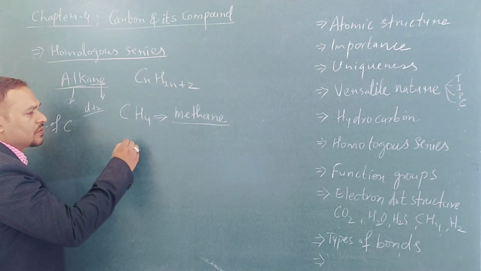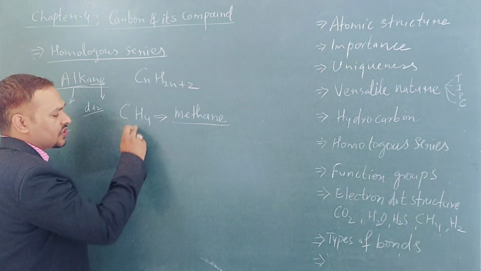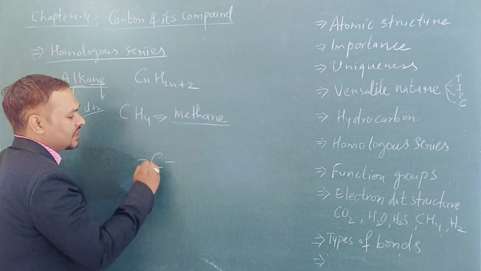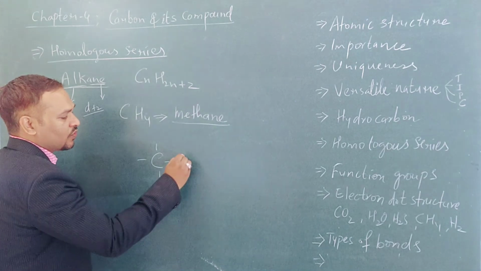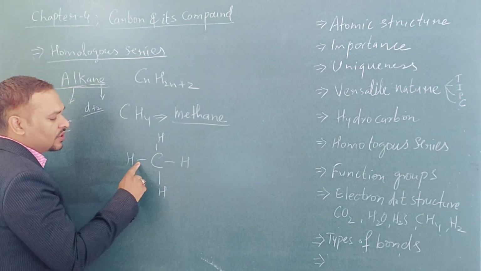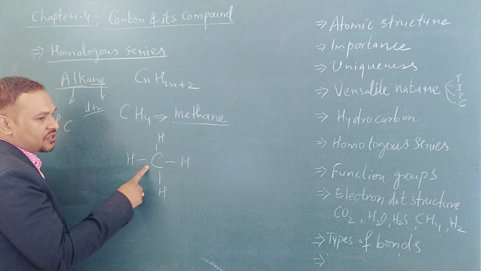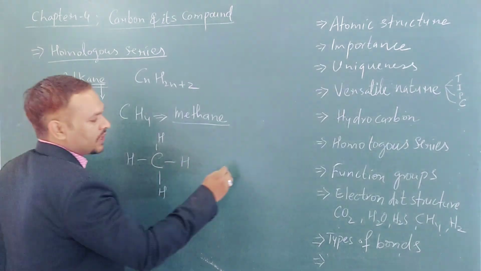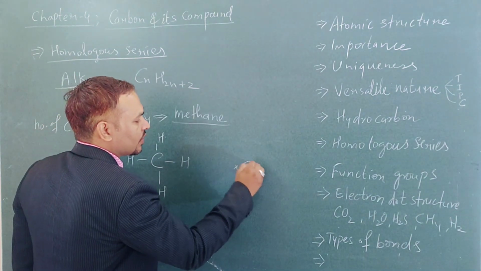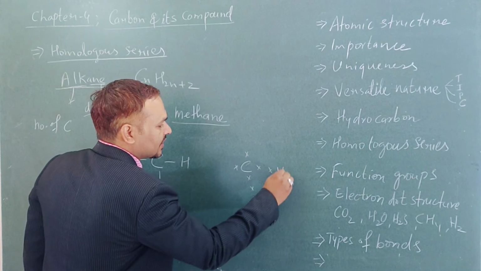Similarly, its structural formula we can see: C, carbon is tetravalent, so 4 bonds we will write, and every bond is made by 2 shared electrons of both the atoms, right? इसको और भी अगर आप डिटेल में करना चाहें तो इसको ऐसे करके भी आप स्ट्रक्चरल फार्मूला रिप्रेजेंट कर सकते हैं.